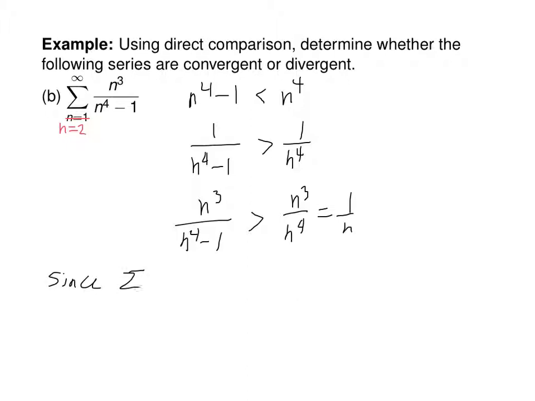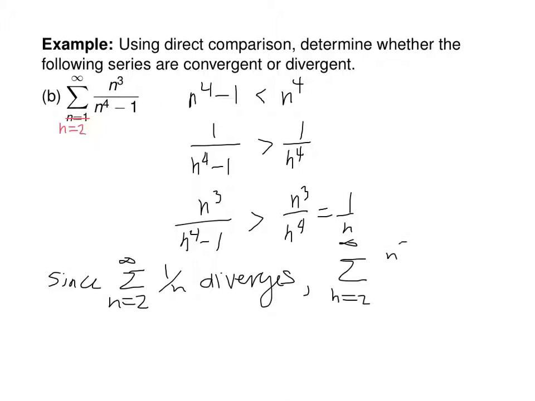And since the sum from n equals 2 to infinity of 1 over n diverges, the sum from n equals 2 to infinity of n cubed over n to the 4th minus 1 also diverges.